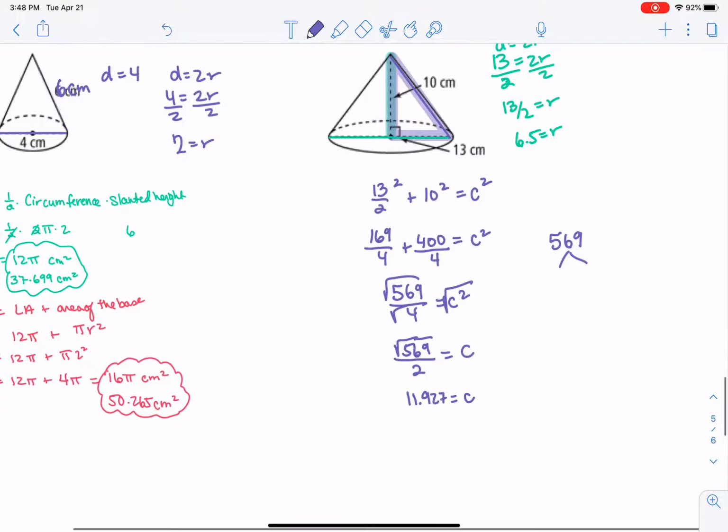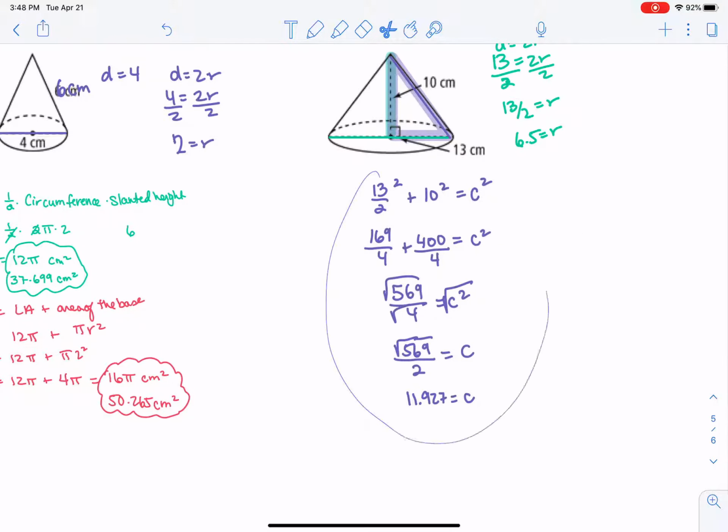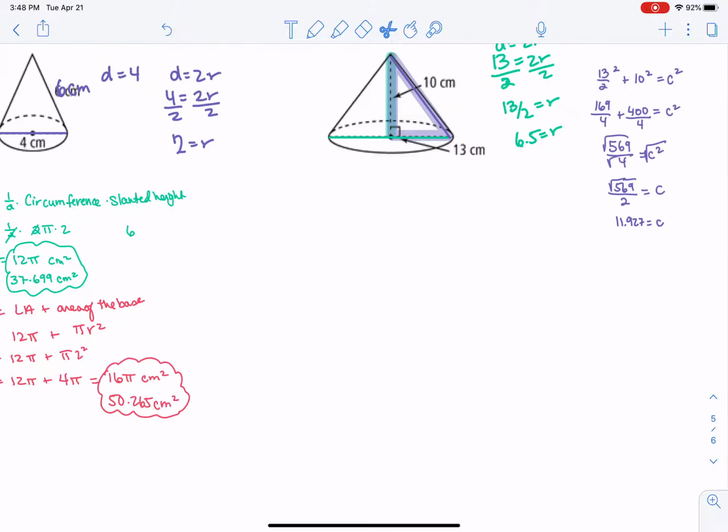So then we can follow our formula. Put this off to the side. And our formula for lateral area is 1/2 times circumference, which is 2 pi r, times the slanted height. So those would cancel, pi rl. So pi times the radius times the slanted height. Again, you can use decimals.